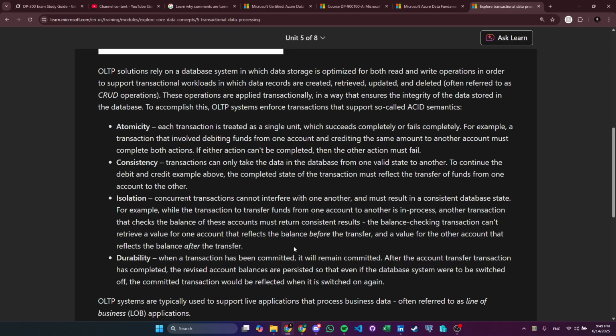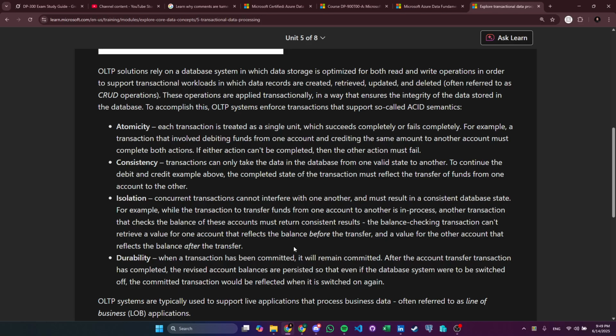Now, isolation. Each transaction must be done properly. If we're talking about a transaction that retrieves the data for two accounts that are trying to transfer money to each other, we need both to be before or both to be after the transaction is finished. It can't be in the middle of the transaction, where one of them is before and the other is after.